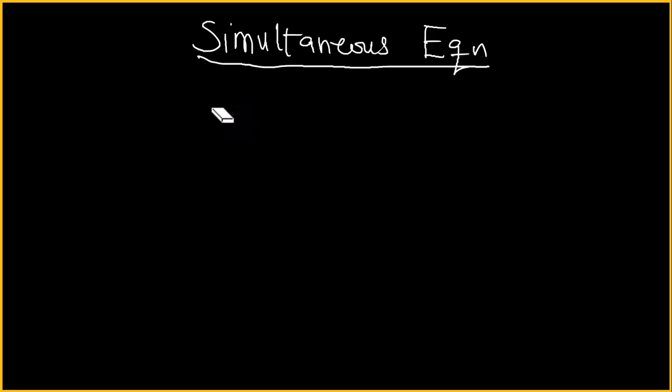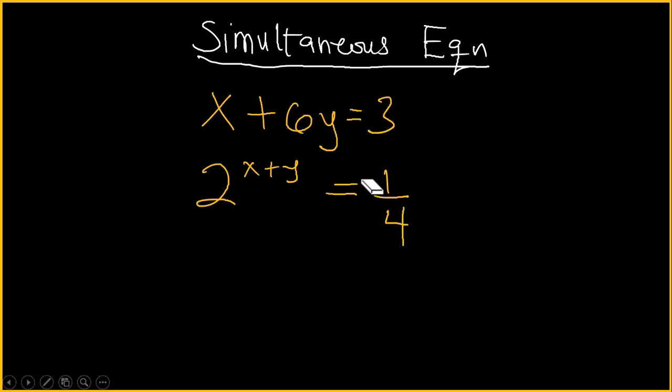An example under this simultaneous equation is, so with the first equation, this equation is in a linear form, and the second equation is in an exponential form. So we are going to resolve this by finding the value of x and y. So we are going to solve this equation at the same time.